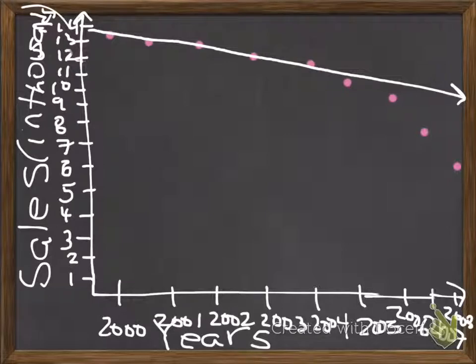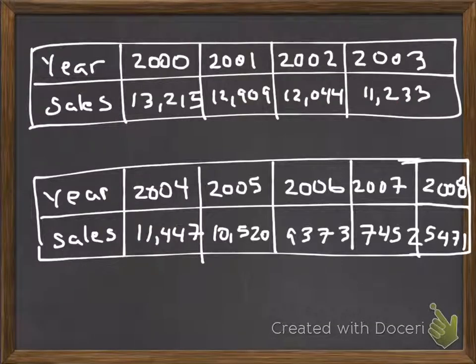So let's say I choose the first 2 points. I have 2,000, and then I have about 13,215.